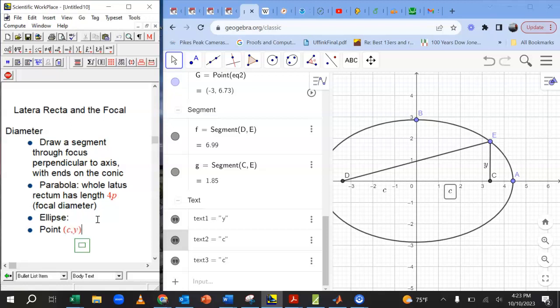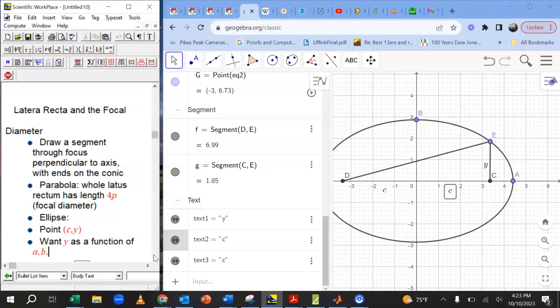So we set x to be c. That's the x coordinate of the focus because that's our usual letter for the location of the focus. That's how far it is from the center. And we want to figure out y as a function of a and b.